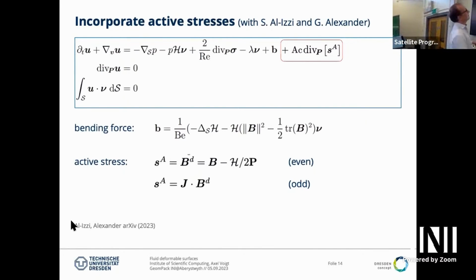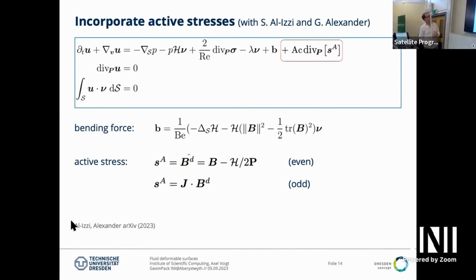And that's kind of the thing we started by discussing with Gerrit. Essentially that's the model he introduced to you, except that he looked at the Stokes approximation of this, but the essential part was this active forcing part.